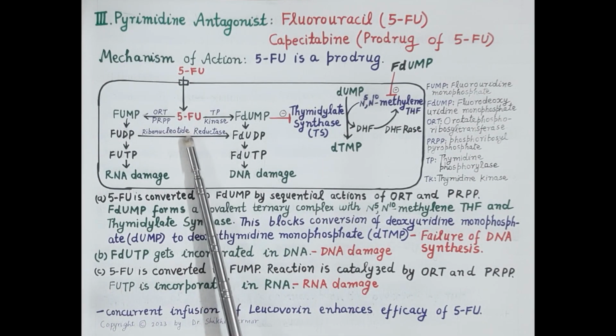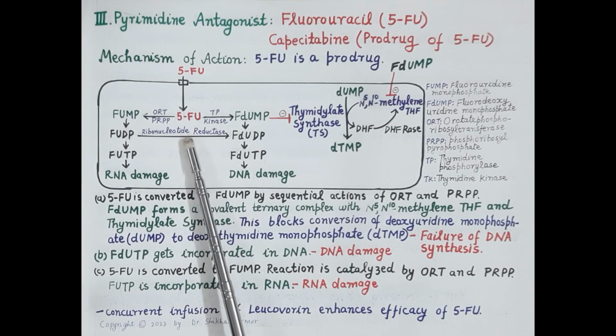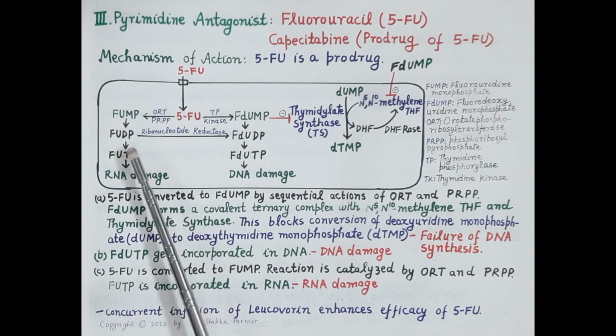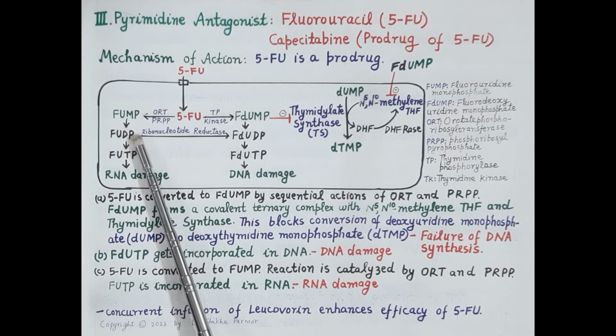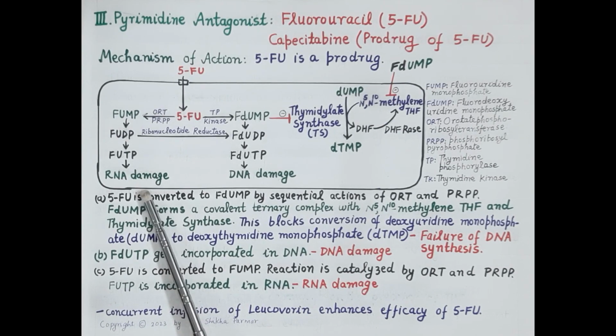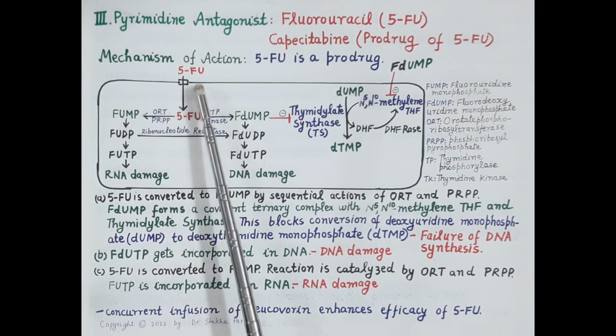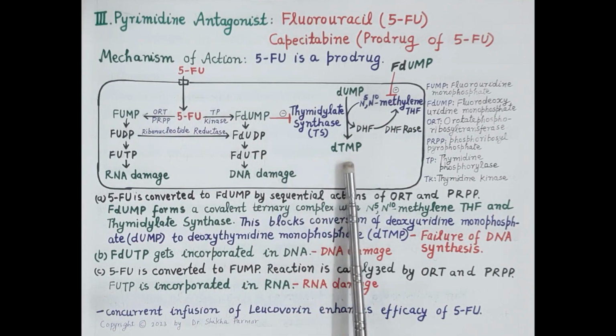Now on the other side, as we have discussed, 5-fluorouracil is also converted into fluorouridine monophosphate, that is FUMP, and FUMP is further phosphorylated to FUTP, and this FUTP gets incorporated in the RNA, and thus it damages the RNA. So 5-fluorouracil, by inhibiting the synthesis of deoxythymidine monophosphate, that is the nucleotide of DNA, inhibits the synthesis and replication of DNA.